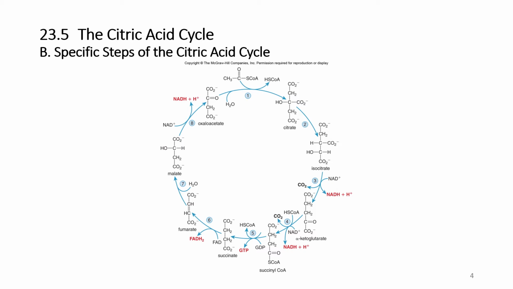So this is the same cycle, but now we've given names to the sparking compound, oxaloacetate. Here we have the acetyl-CoA condensing the 2-carbon with the 4-carbon to make citrate. And we'll go through these stepwise.